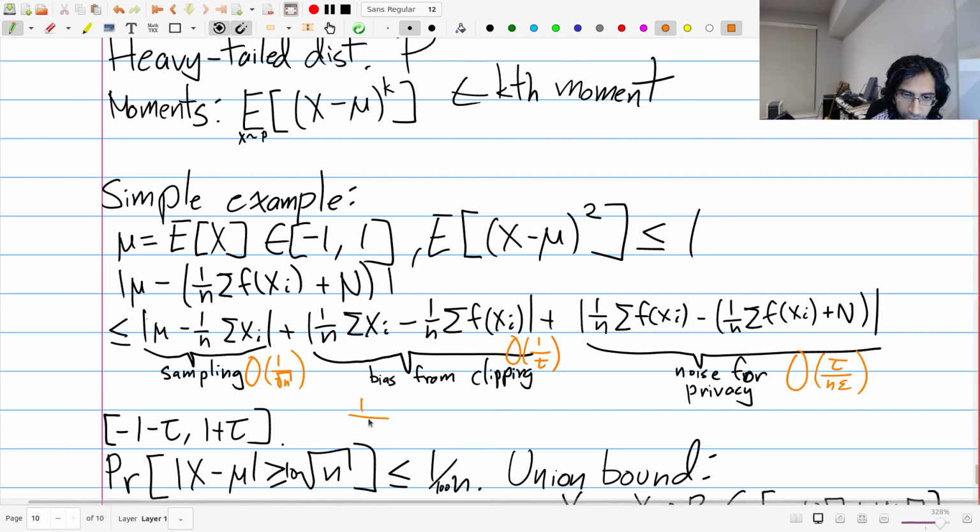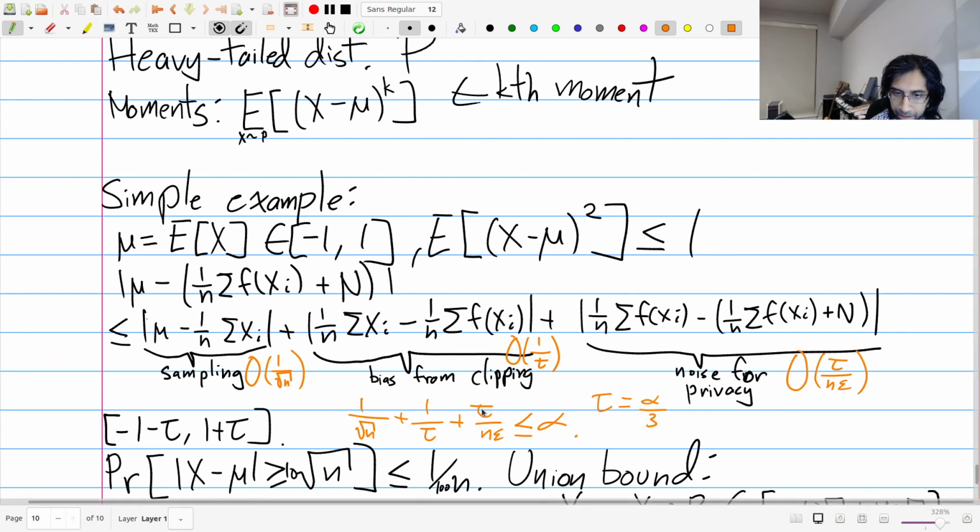We want that 1 over root n plus 1 over tau plus tau over n epsilon is less than or equal to alpha. In order to do this, we have to bound each of them individually by alpha. So the right setting of tau would be, for example, tau equals alpha over 3 or something.